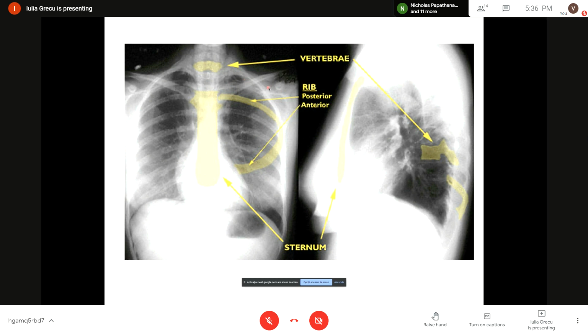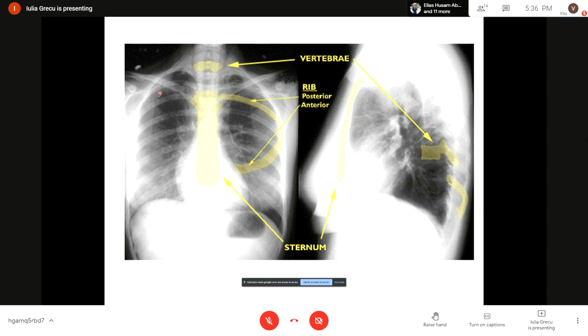When you look at an X-ray in a frontal view, the spinous process will appear just like this rounded shape, because the X-ray beam will course somehow perpendicular on it. On the other hand, if we take a lateral view, then we can nicely display the spinous process on its length.